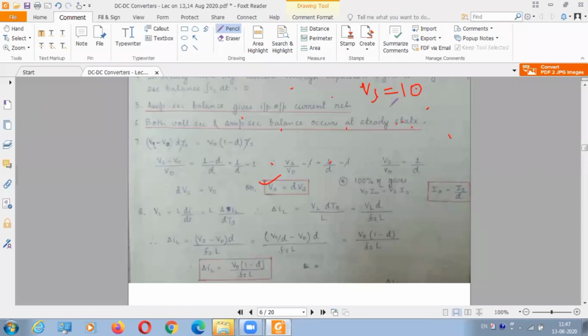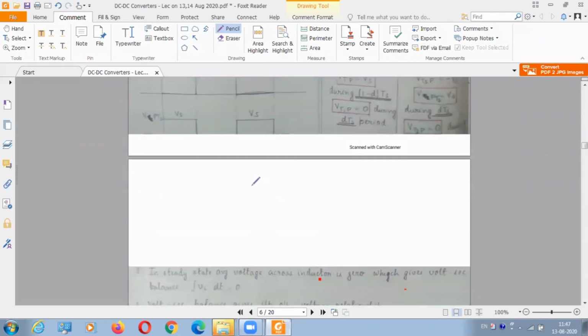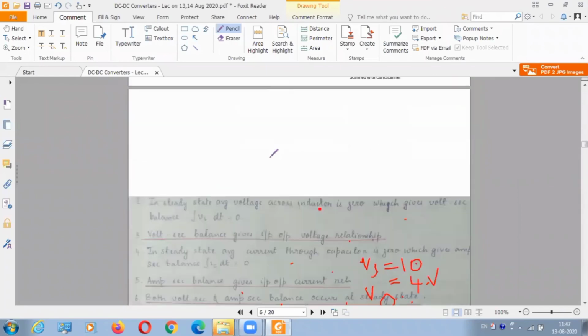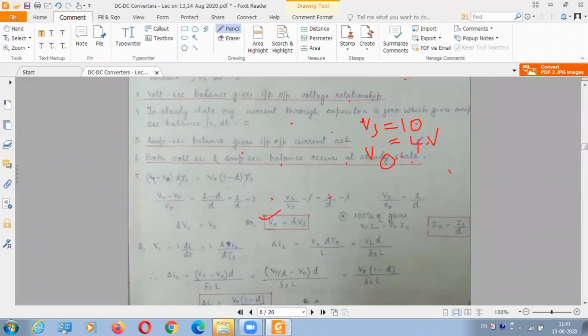Let me take it as 0.4. So V0 will be 0.4 into 10, that means 4 volt. So V0 is equal to 4 volt. So we are getting a step-down converter, buck converter. The output average value is stepped down from 10 volt to 4 volt.